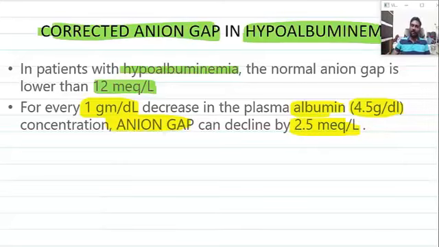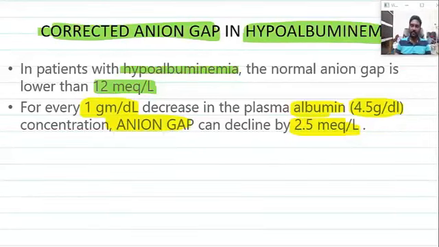If normal albumin is 4.5 and now the albumin has decreased by 1 gram, the anion gap can also decrease by 2.5 milliequivalents per liter. This is one relation that you should know. So if albumin decreases by 1 gram, the anion gap decreases by 2.5 milliequivalents.